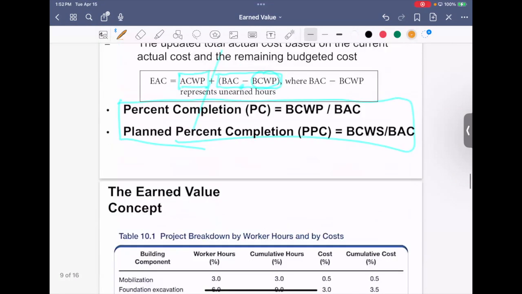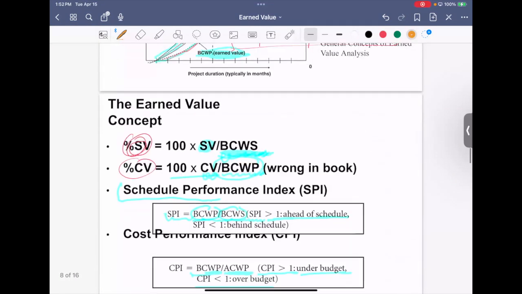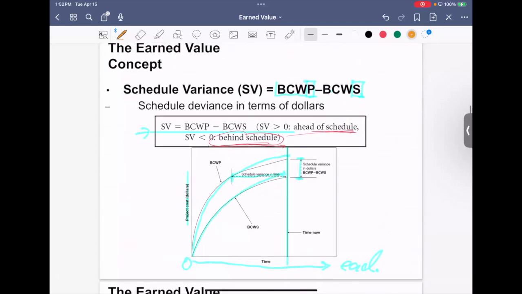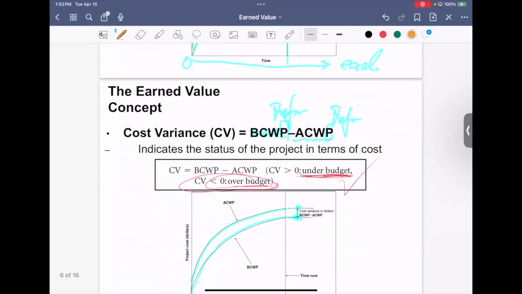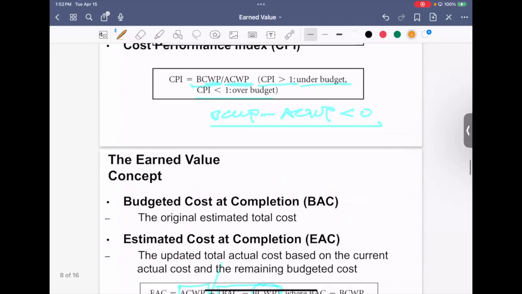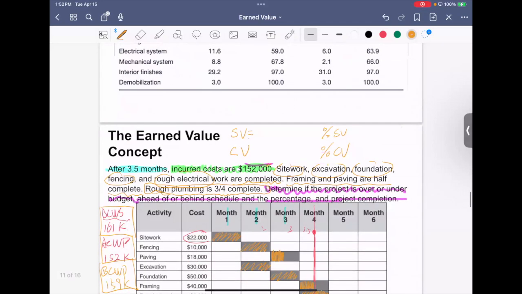Schedule variance is equal to BCWP minus BCWS. And the cost variance is BCWP minus ACWP, right? So both begin with BCWP, minus BCWS, minus ACWP. Is that correct?